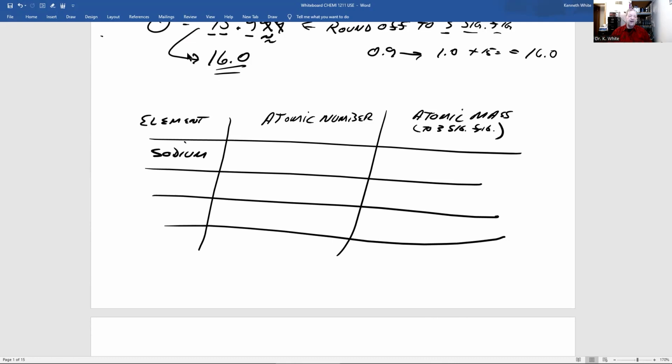Given the name of an element, you should be able to figure out the atomic number and the atomic mass to three significant figures.